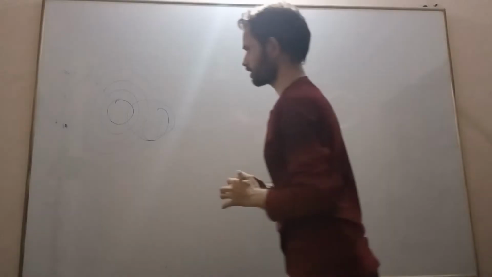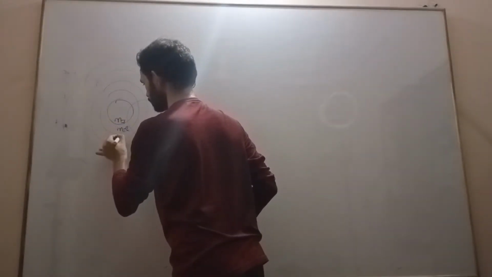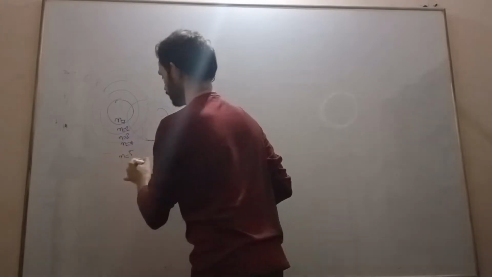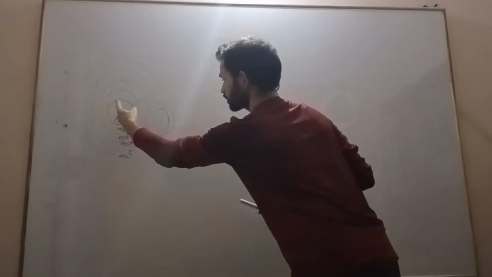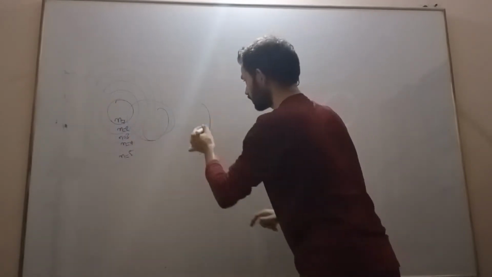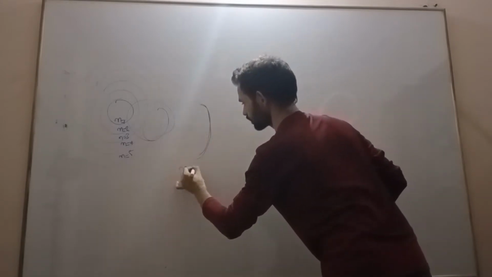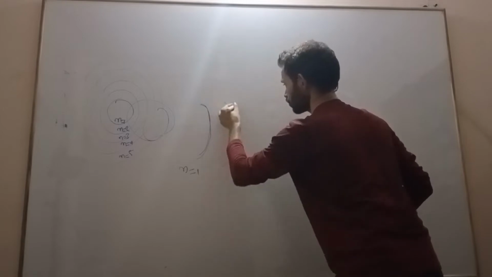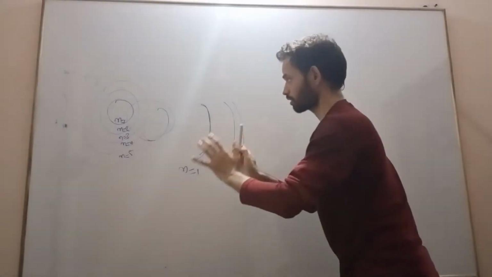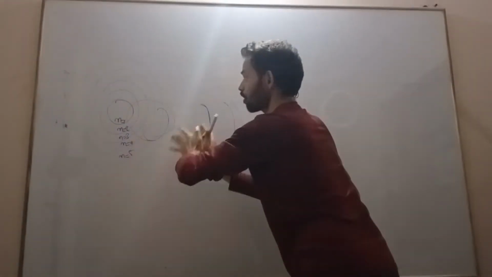Here the energy level n is equal to 1, 2, 3, 4, 5, and so on. If you see, n equal to 1, the first energy level, has one energy subshell. The second has 2 energy subshells.